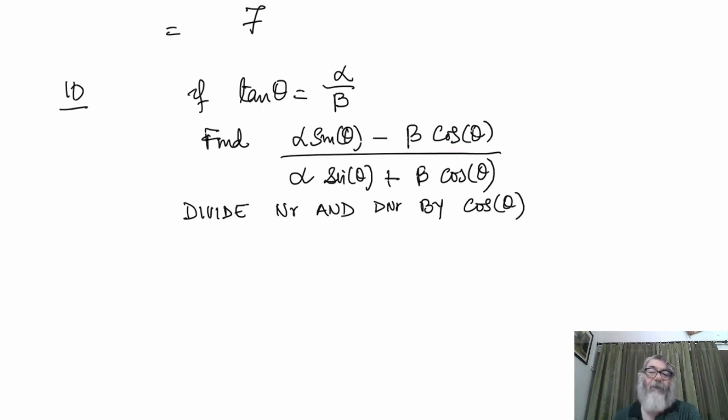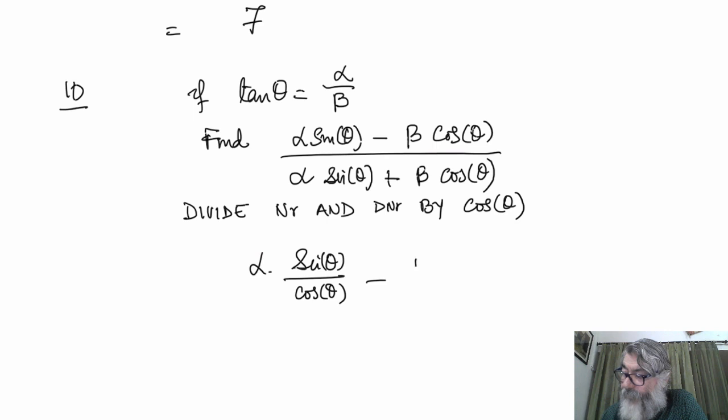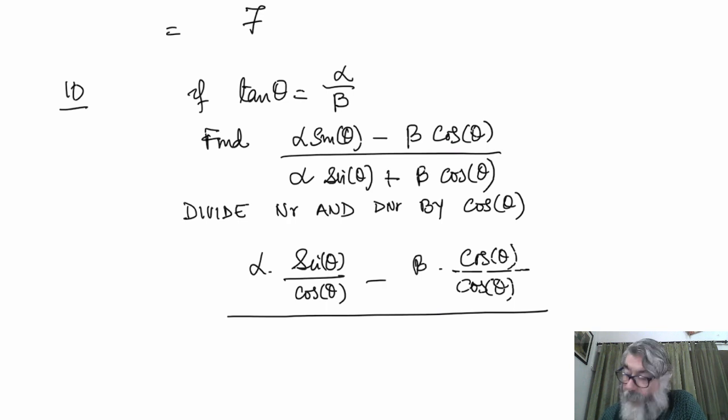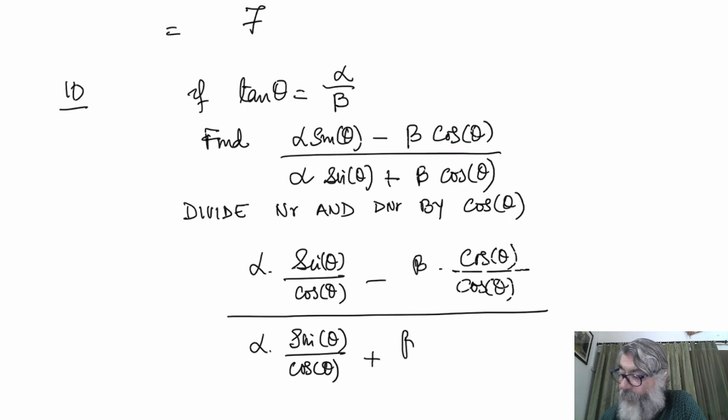So what we will get is alpha sine theta upon cos theta minus beta cos theta upon cos theta, upon alpha sine theta upon cos theta plus beta cos theta upon cos theta.